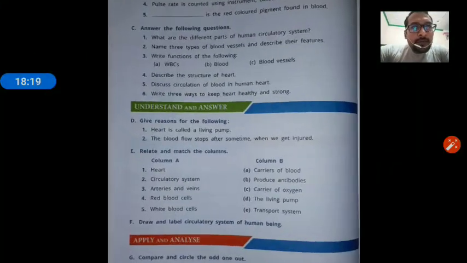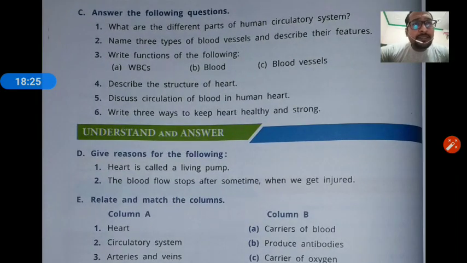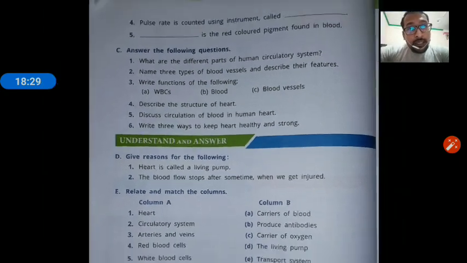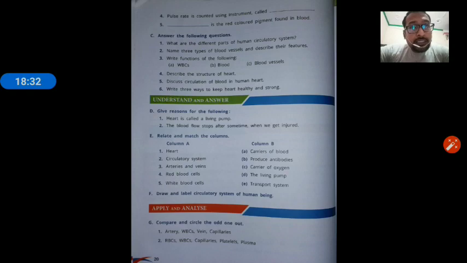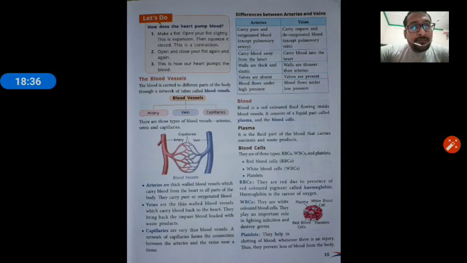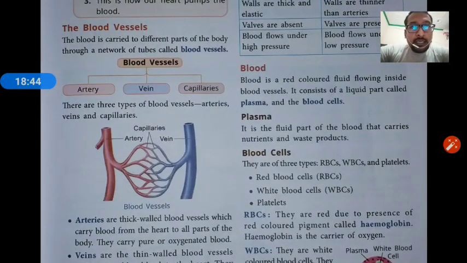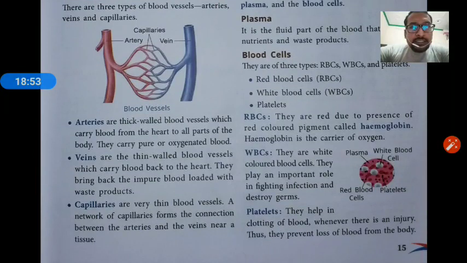Then you have question number 2. Name 3 types of blood vessels and describe their features. So what are the 3 blood vessels? Here you can see the blood vessels. Artery, vein, capillaries. These are the 3 blood vessels, and the description is given.